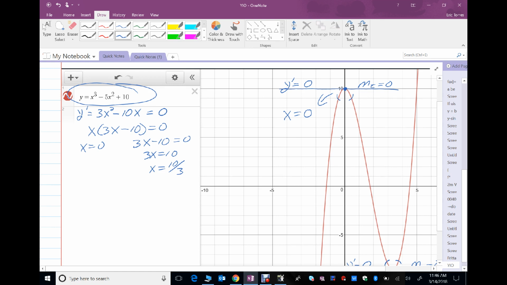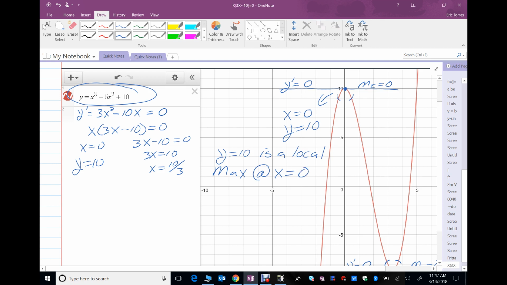Well, that's pretty straightforward because in this formula, x cubed minus 5x squared, where x is 0, is just going to zero out, and y is going to equal 10. So what I can say in writing is y equals 10 is a local maximum at x equals 0.